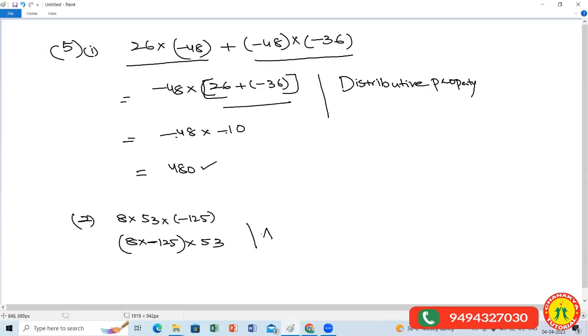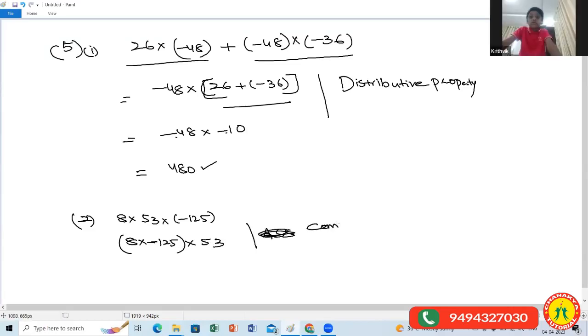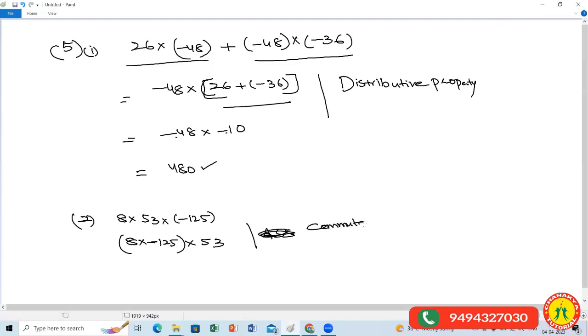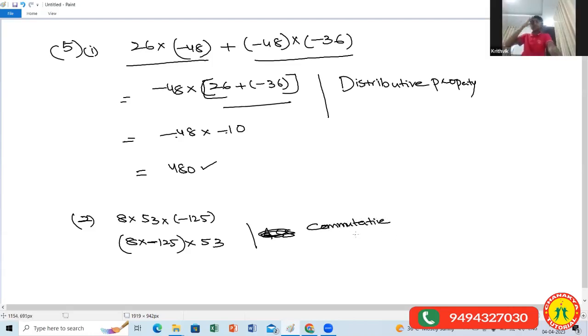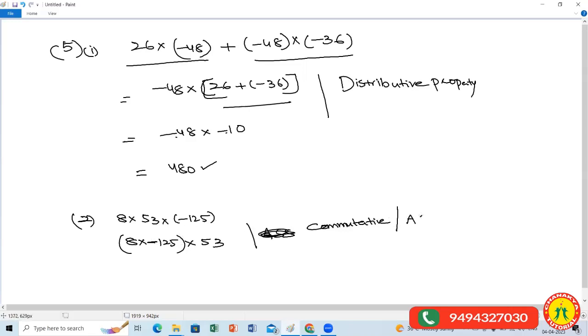So the order change property is nothing but the commutative property. And we also grouped these two, so commutative as well as associative; both we are using here, children.